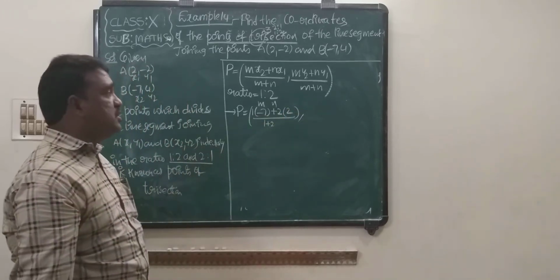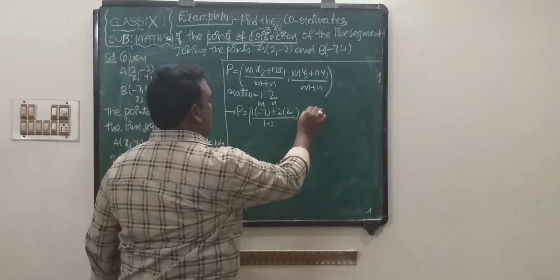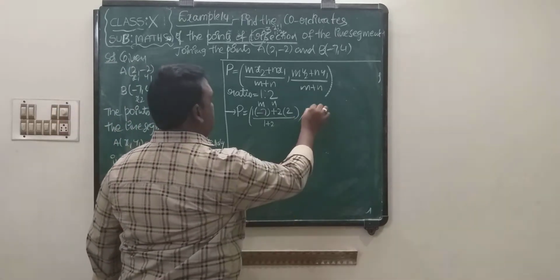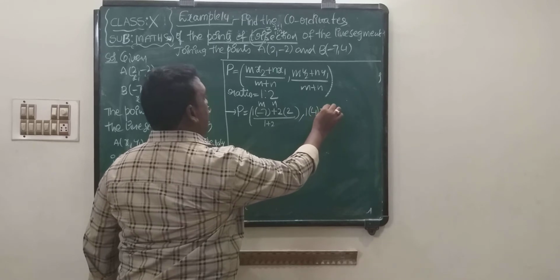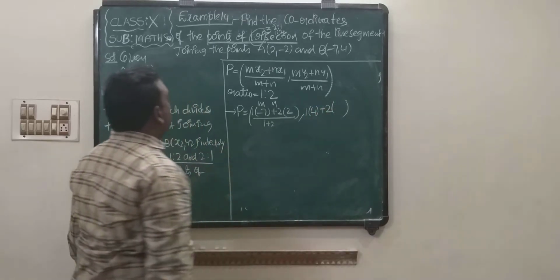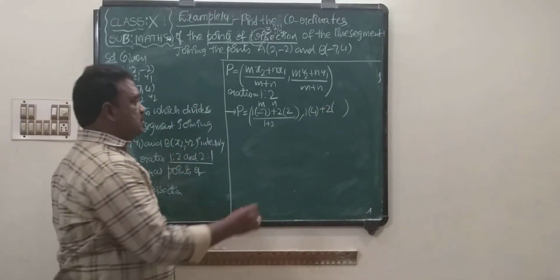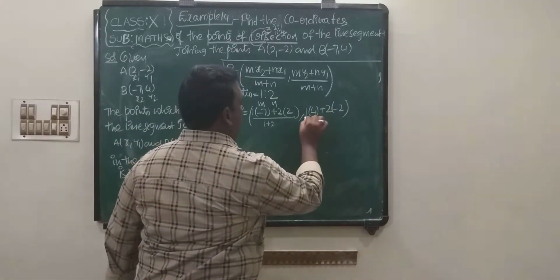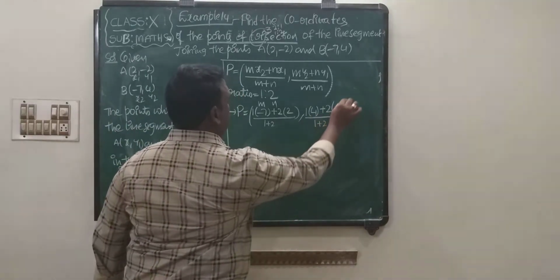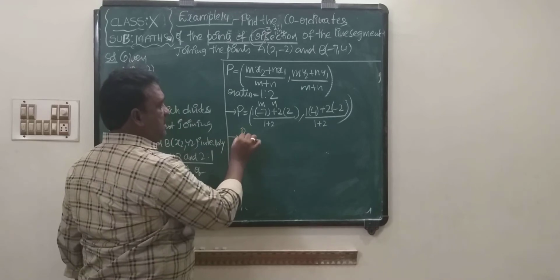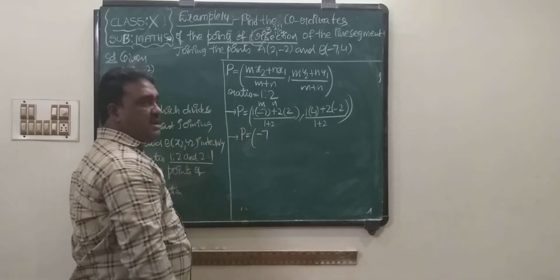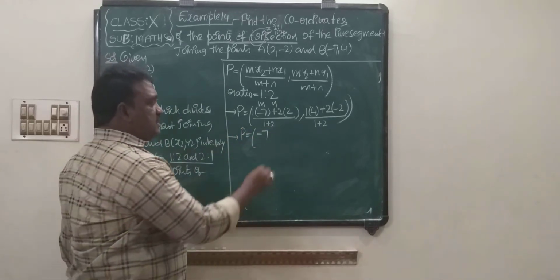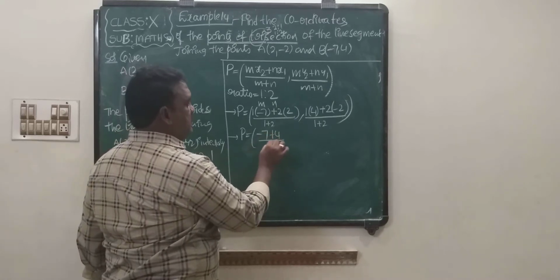Again my2, m means 1, y2 means 4, plus ny1, n means 2, y1 is -2, by 1 plus 2.